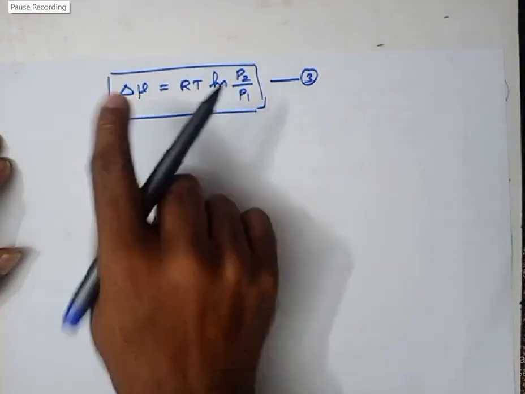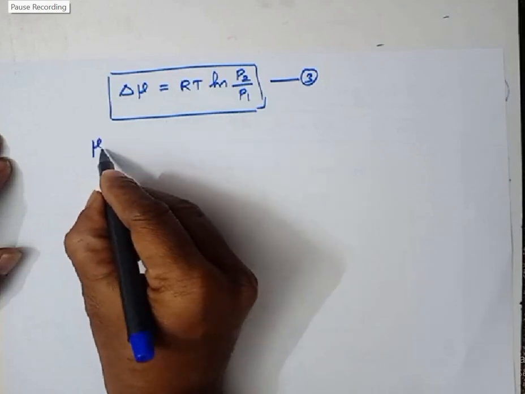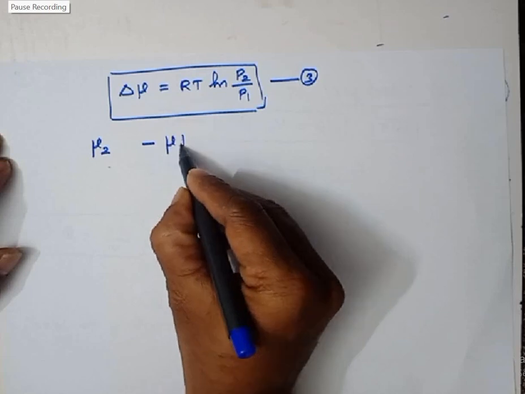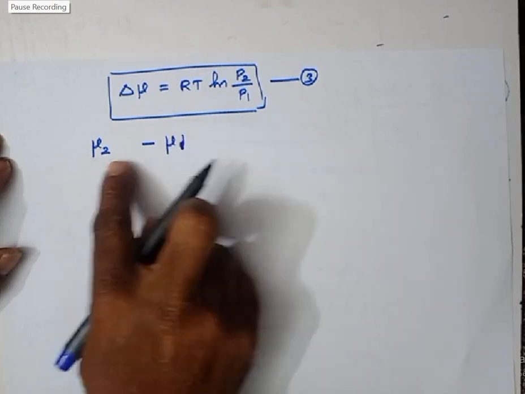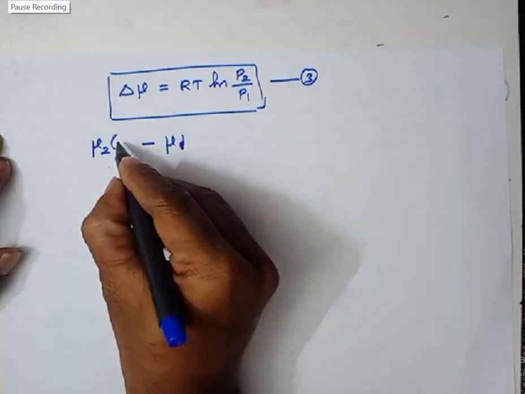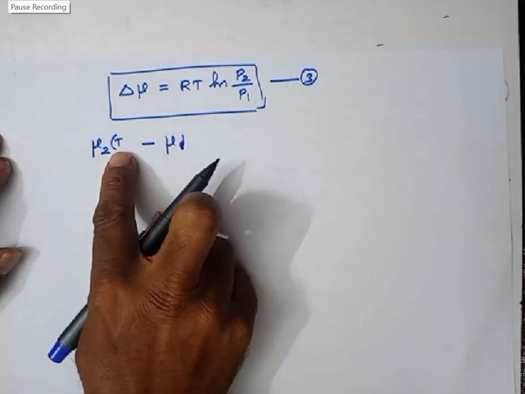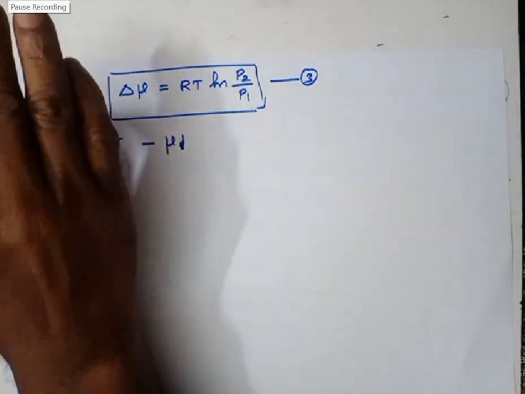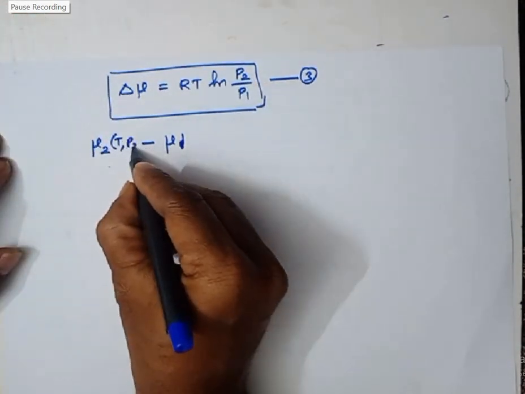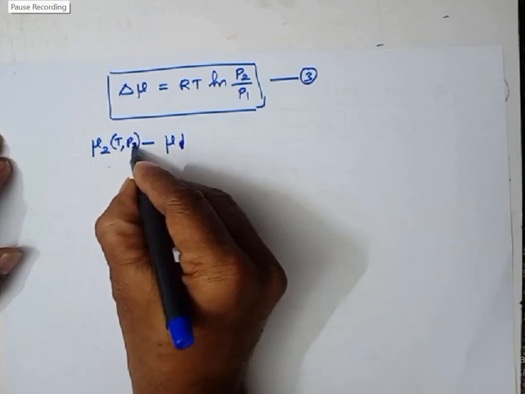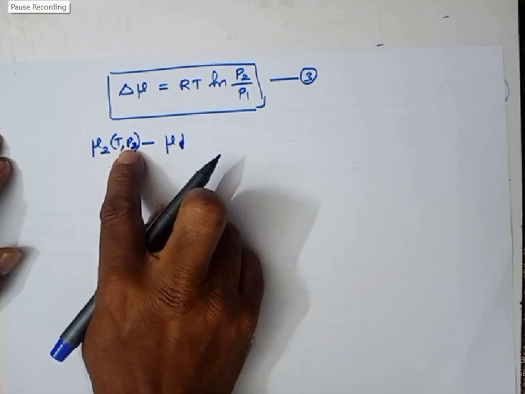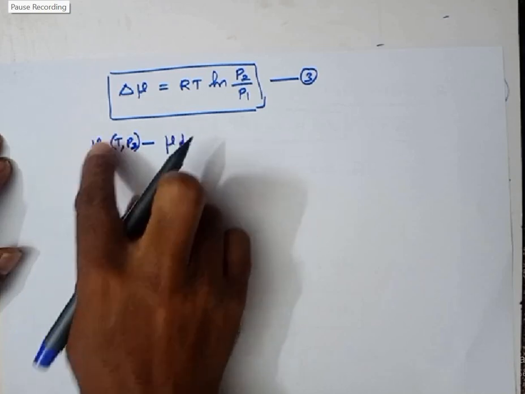And what is actually the left hand side? Left hand side is chemical potential, final chemical potential mu2 minus initial chemical potential mu1. Mu2 minus mu1 is nothing but delta mu. What is mu2? Listen, we are keeping temperature constant. So at temperature T and at final pressure P2, the chemical potential is mu2.